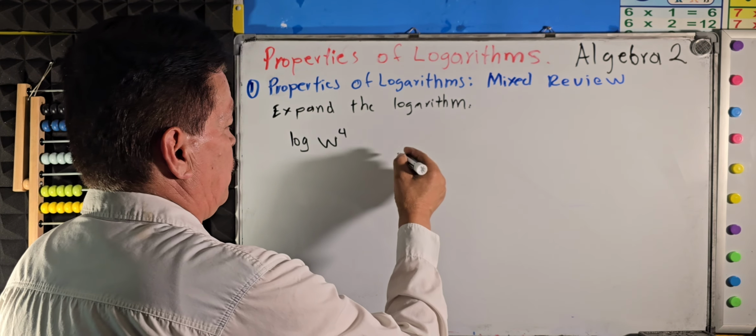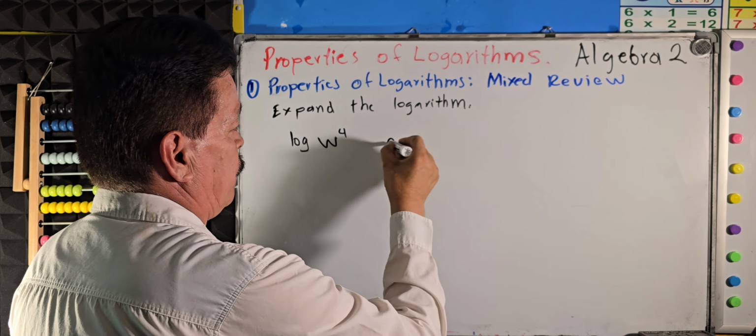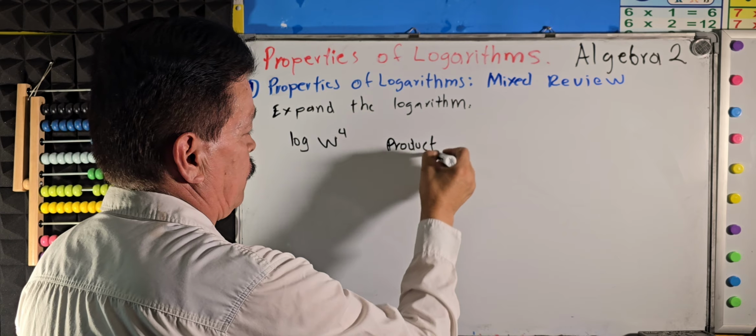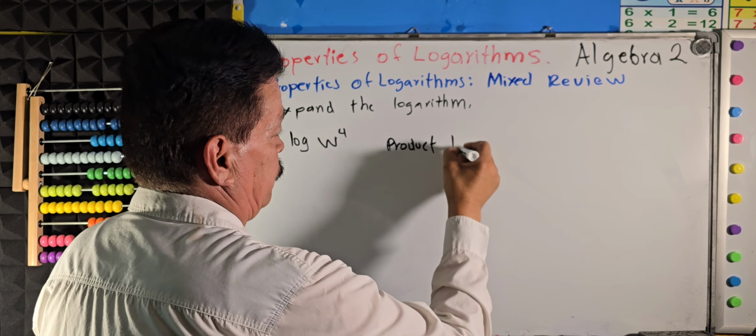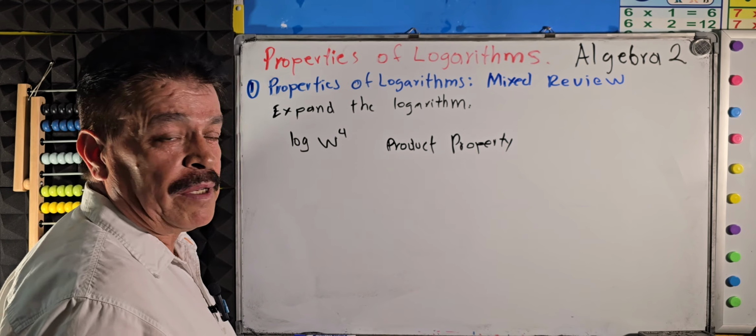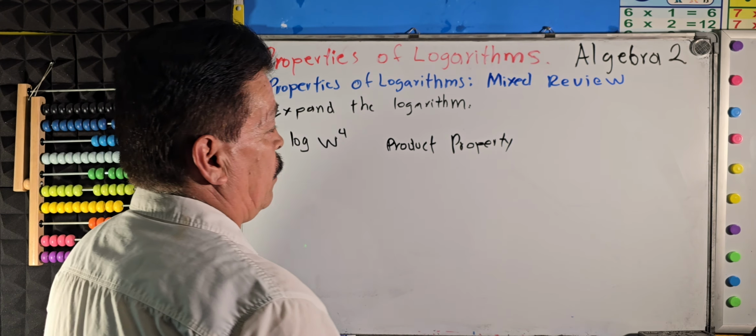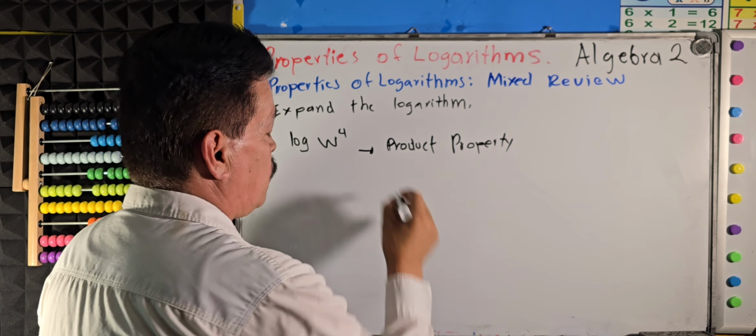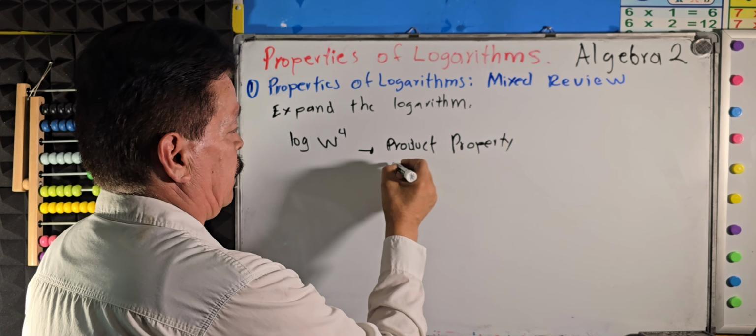First property is the product property, okay? This property is like this.